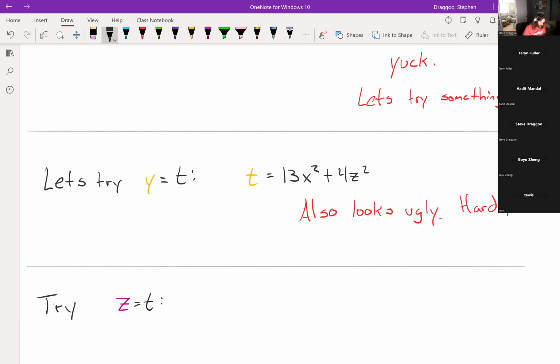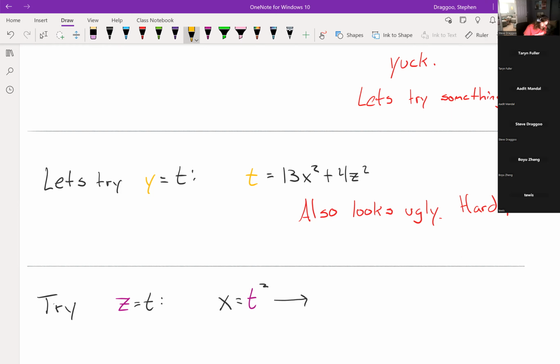Well, if we go that way with it, then our first equation, or rather the second equation, but the simpler of the two, we know that x is equal to z squared. But if z is t, that means that x is t squared. And that's not bad at all. There's no square root that we have to deal with there. We already have x parameterized as well. So cool, let's keep working.